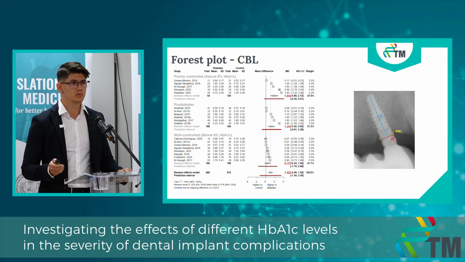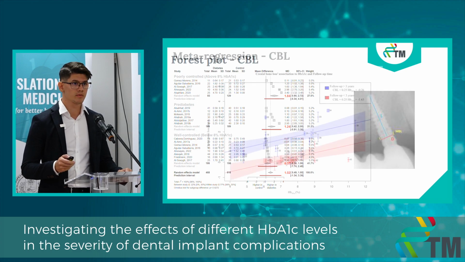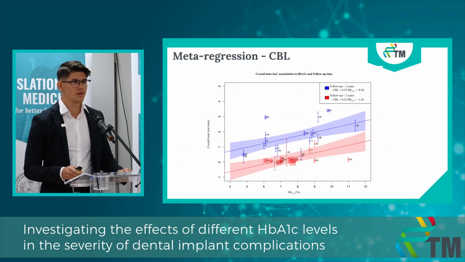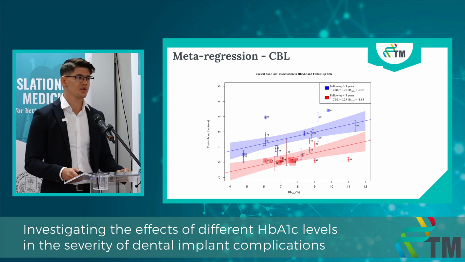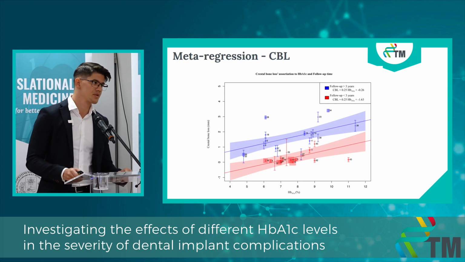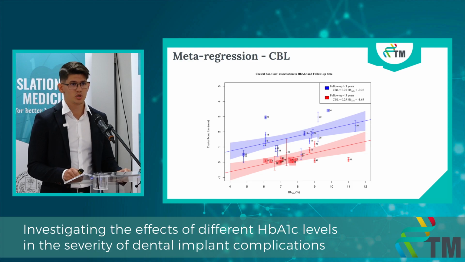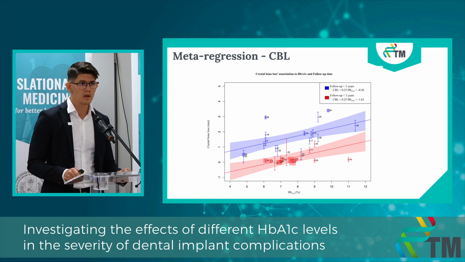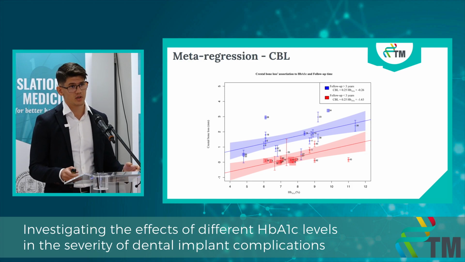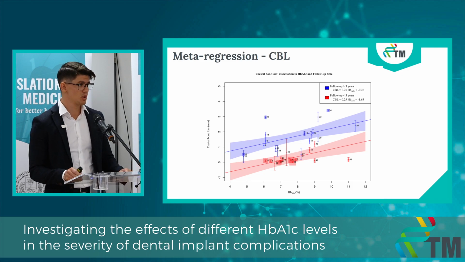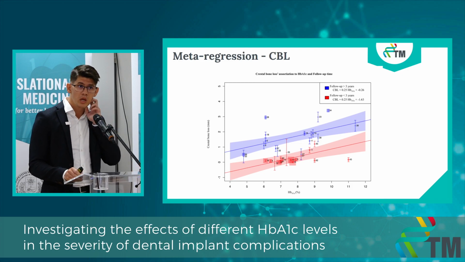We have also done meta-regression in this topic, comparing the association between crestal bone loss and HbA1c levels, and also follow-up duration and disease duration. We have found statistically significant associations between HbA1c levels and follow-up duration.